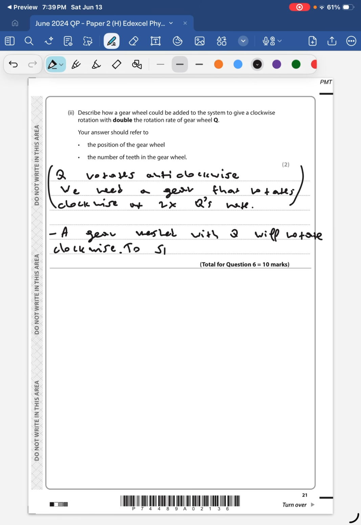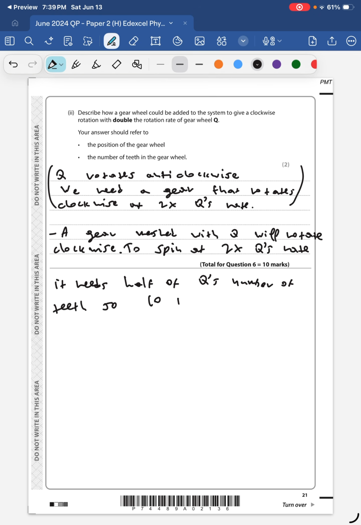To spin at twice Q's rate, it needs half of Q's number of teeth. So 10 teeth. Okay. So that's the answer, right? Yeah, I think that's good.